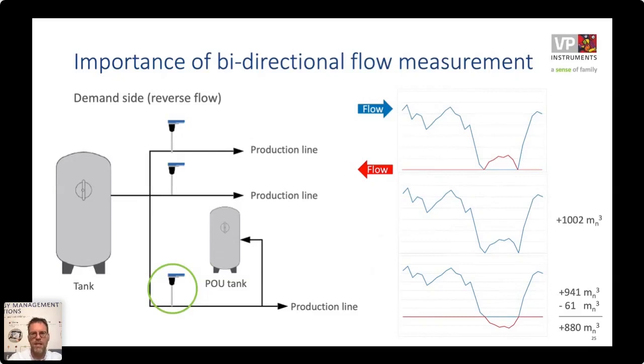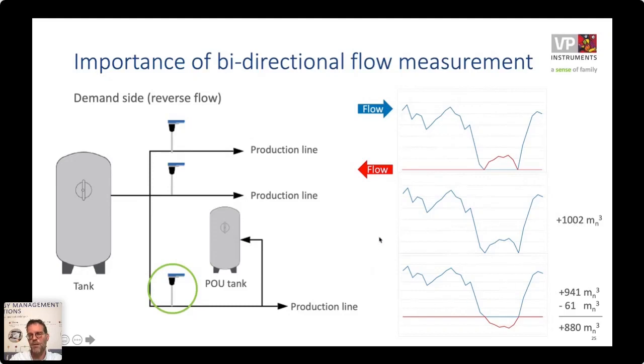So what can happen in that case is that the flow meter at one point shows consumption, and then at some point when the machine is turned off, it still shows some consumption if you have a unidirectional flow meter. And then if you integrate this and calculate the totalized flow, you will end up with a higher number, like for example 1,000 cubic meters.